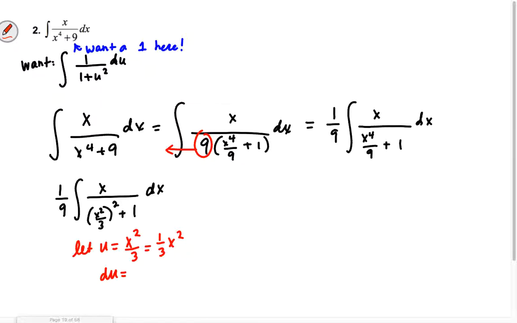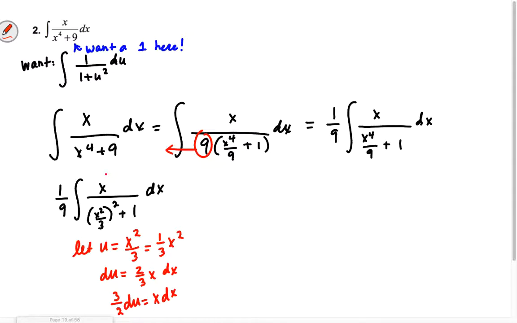So then our du is going to be 1/3 times 2x, so it's going to be 2/3 x dx. So in other words, we have 3 over 2 du is equal to x dx.